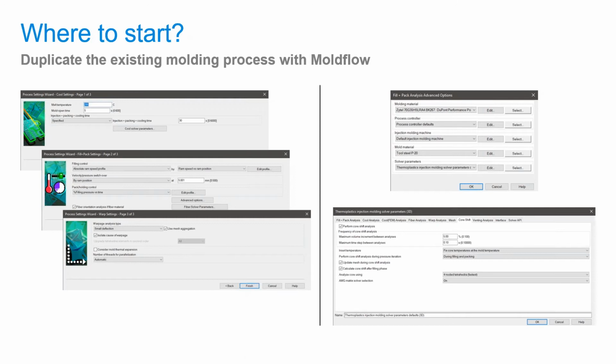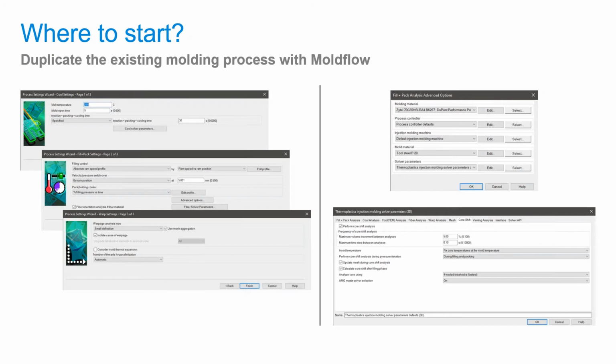So we looked at that example where shrinkage and warpage issues cause a part being out of tolerance. This means that the Moldflow simulation must include a cool, fill, pack, and warp analysis, as this will provide a wider range of results to help the analyst find the cause of the excess shrinkage and warpage, since cooling and flow can both affect it.